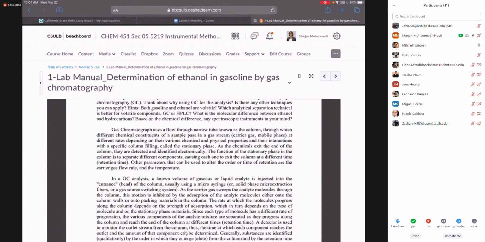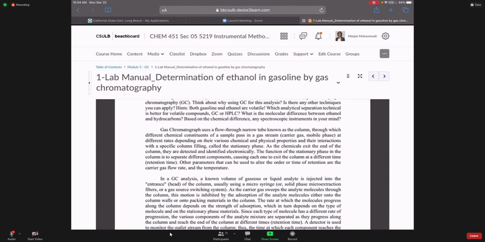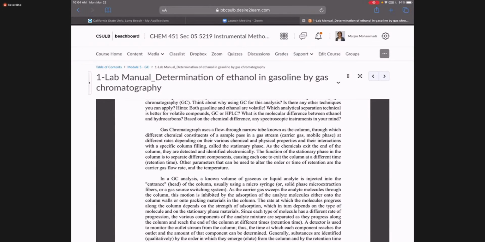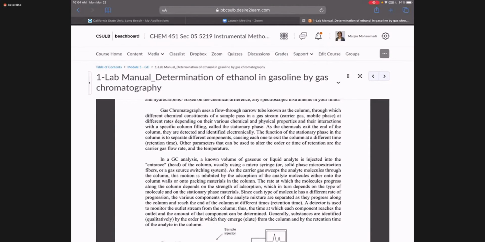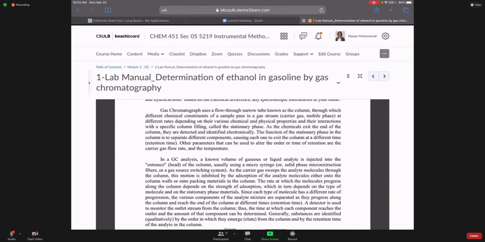As usual, for all other experiments, we are going to run a couple of standard samples of different percentages and concentrations, getting the standard curve and finding the unknown. This one is again easy peasy, just one standard curve, and you are going to find out the percentage.